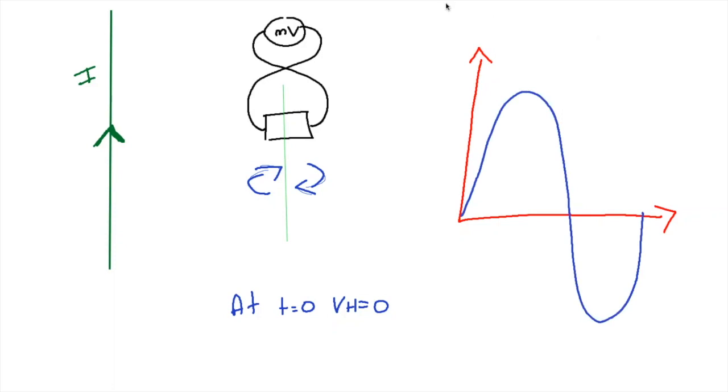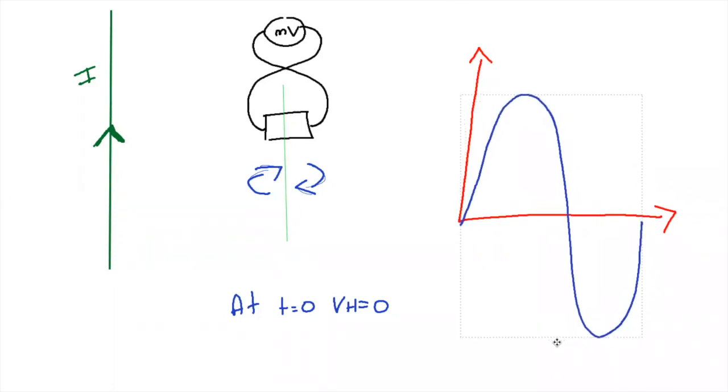It's easy to just memorize this data, but it's not preferable. Make sure you try to understand why this is happening, because that's what's going to make you successful in physics. We started at a point where VH is 0 because the magnetic field and the surface of the probe were parallel.